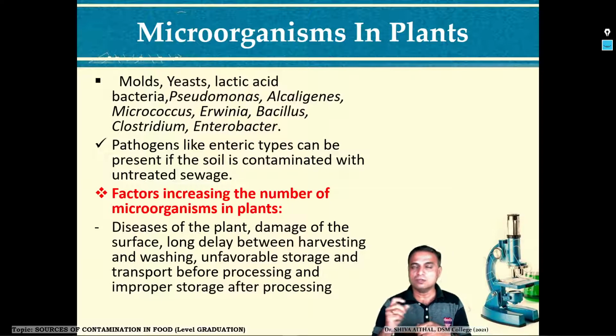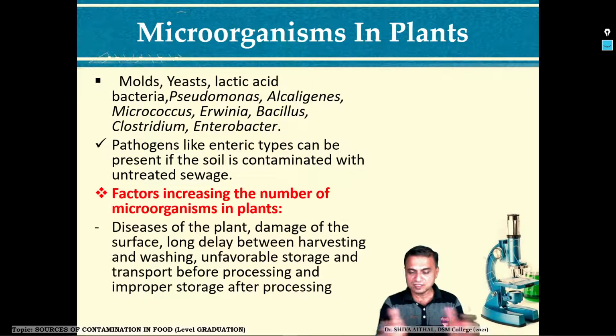The factors which affect the number of microorganisms in plants include diseases of the plant. If a fruit is getting rotten, then viruses, bacteria, yeasts and molds can be present in that foodstuff. Another factor is a long delay between harvesting and treatment, that is washing, cleaning or disposal into the markets.